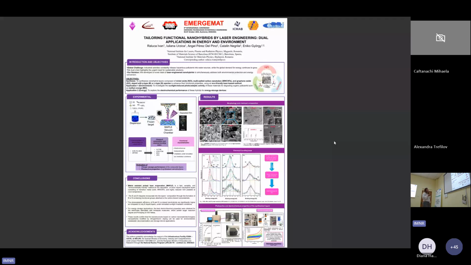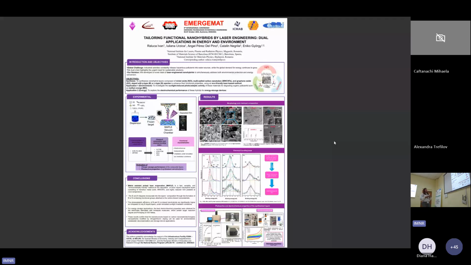And the other is the energy crisis, which requires an eco-friendly approach for clean and effective energy storage. In this way, our goal was to develop nanostructures that could respond to both needs.